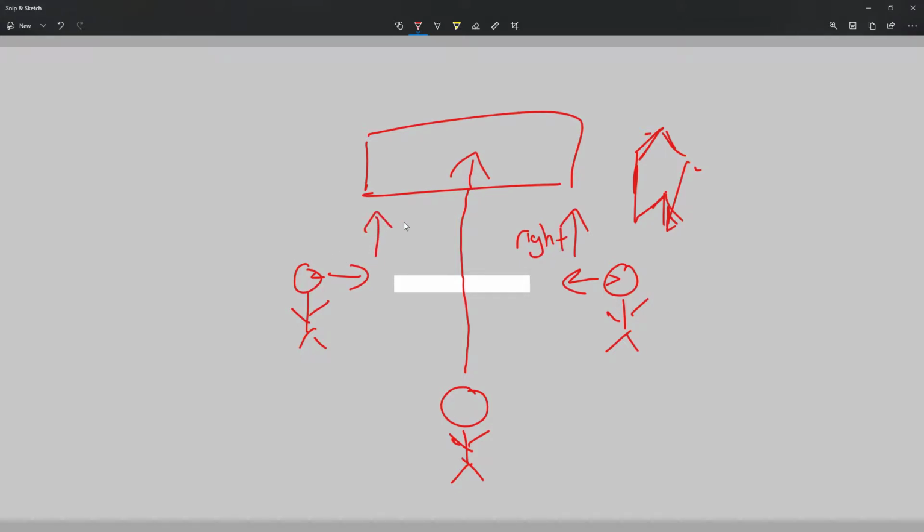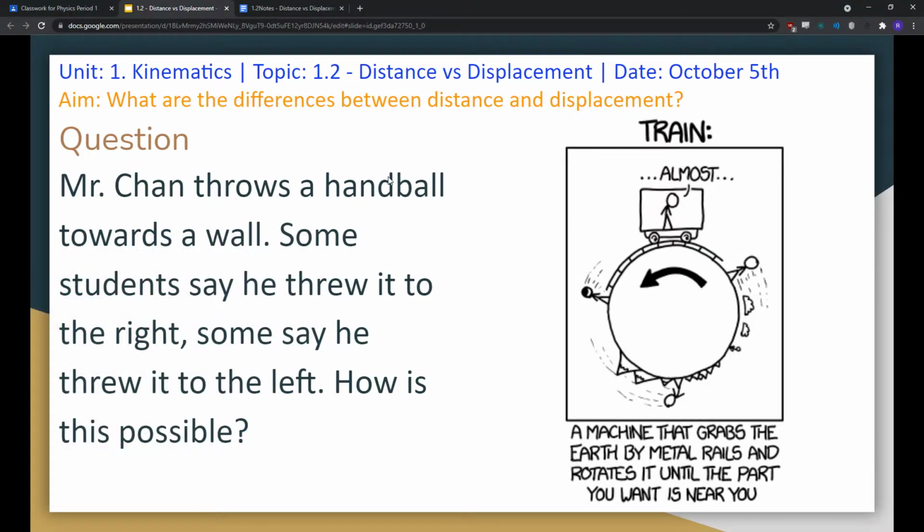Well, he or she thinks that I threw it to the left. It really, in the end, depends on the perspective of the observer. So this is definitely possible.